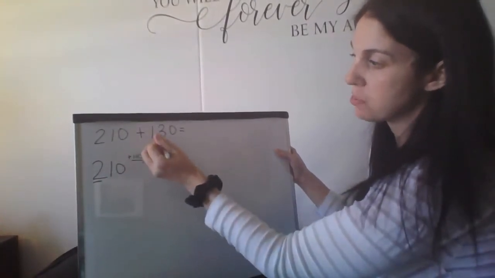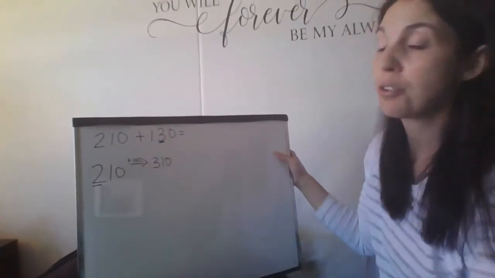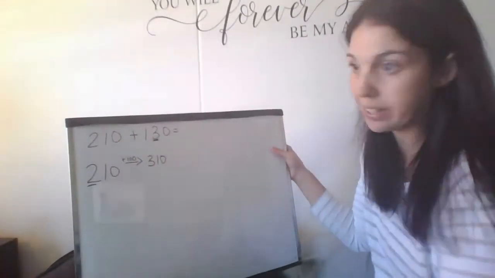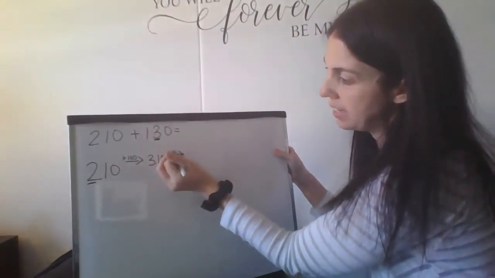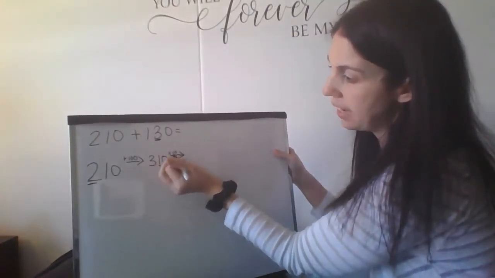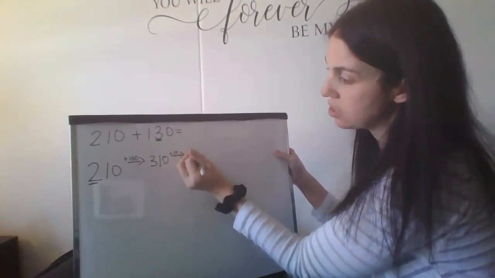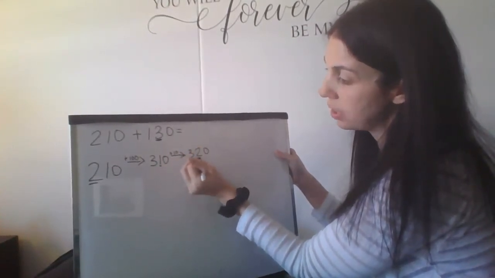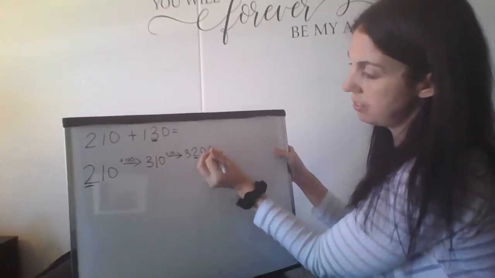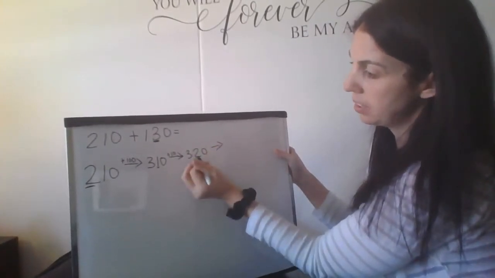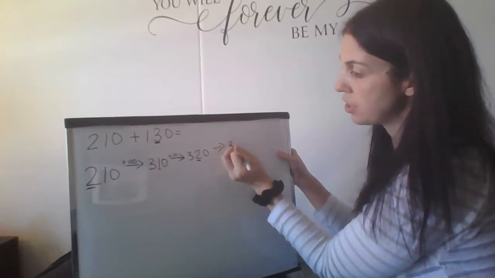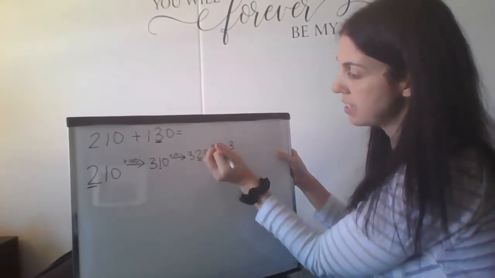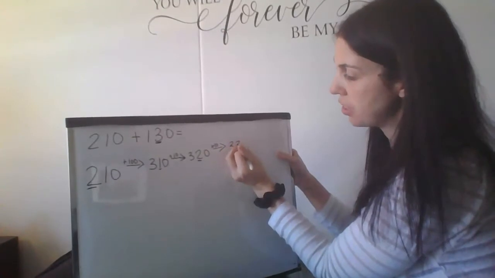Okay, I did my hundreds place. Now I have to go up 3 tens. So I'm going to do 310 plus 10, which is going to give me 320, or 2 tens. Now I need to go up another 10. So 320 plus 10 is going to give me 330.